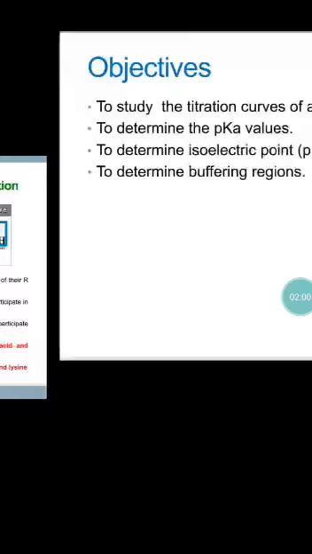Next, to determine the isoelectric point, pI. What is the isoelectric point? It is the pH value at which the positive charge is equal to the negative charge. Also, to determine buffering regions. These are our subheadings, our objectives to study.